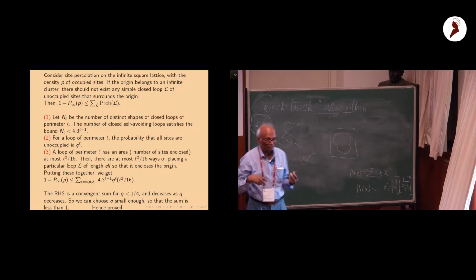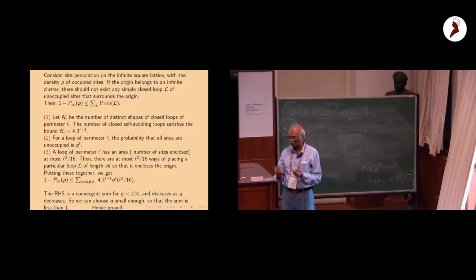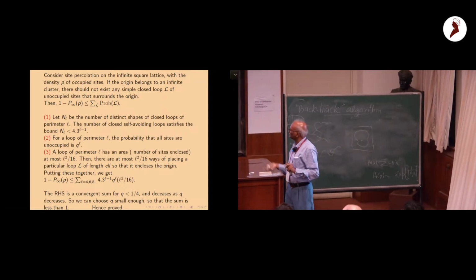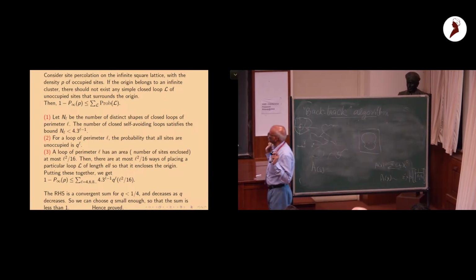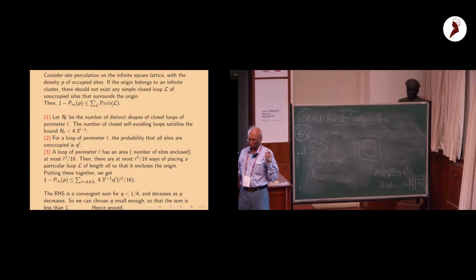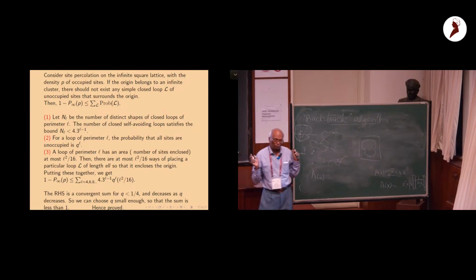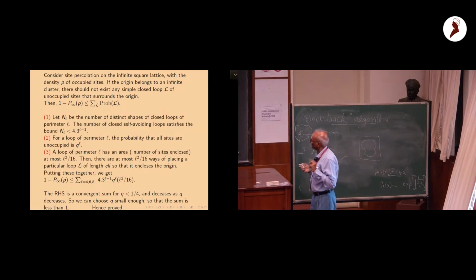I overcount, I allow even things which don't come back to the origin, so that the bound is good. N_L is less than 4 into 3 to the power L minus 1. Okay. So for a loop of perimeter L, the probability that all sites are unoccupied is q to the power L. That is simple and straightforward.